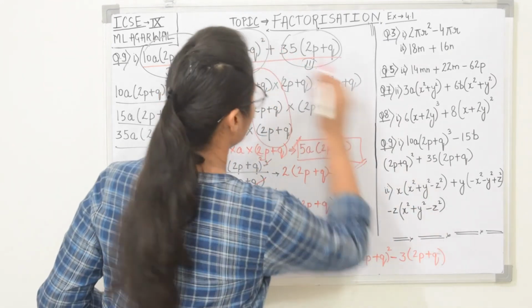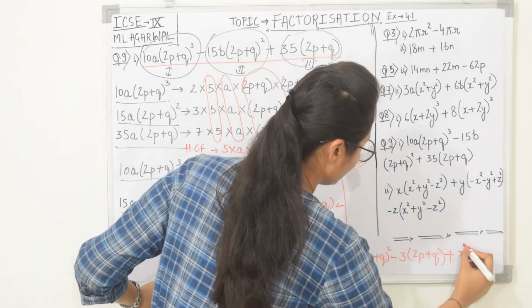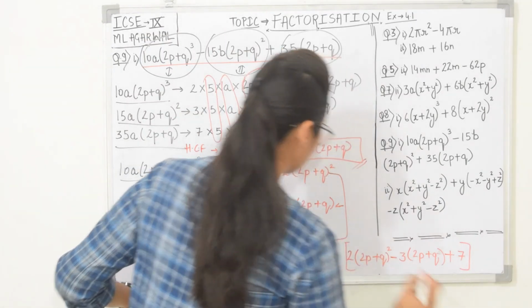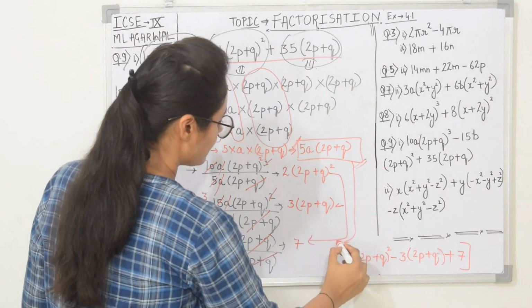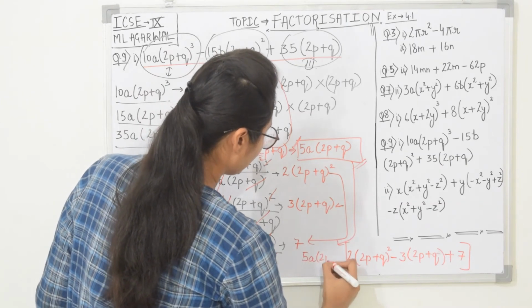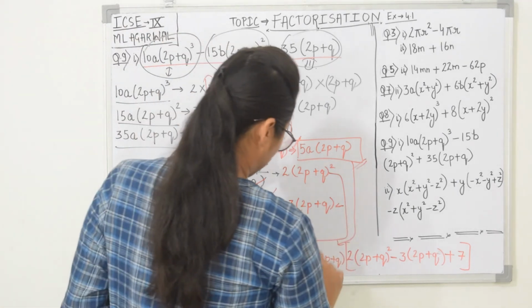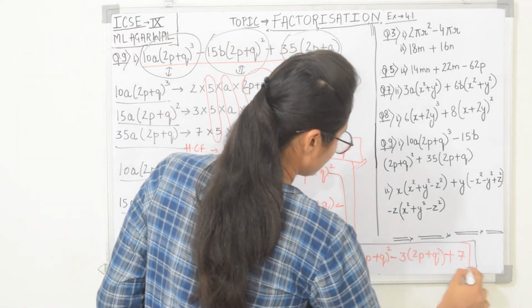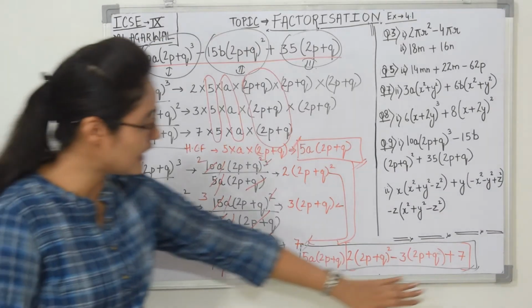Then the sign last, for the last time we are having plus sign, plus 7 here. Okay, enclose them with the bracket. Outside the bracket you have to write it down your HCF. So writing down HCF is going to give us what? 5a in bracket 2p plus q, and this is your answer of this question. Okay, so we have got the answer.